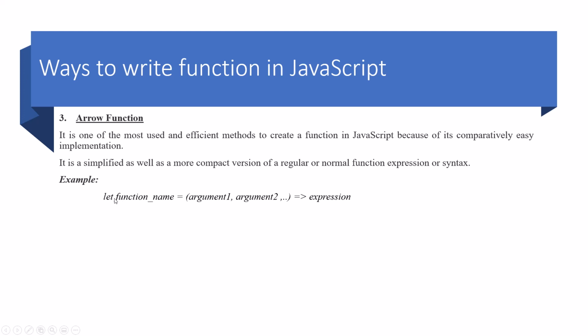Here I am using a let variable with the function name, then the number of arguments, then an arrow, and whichever expression we want for that function. This is the syntax to write a function using arrow functions.